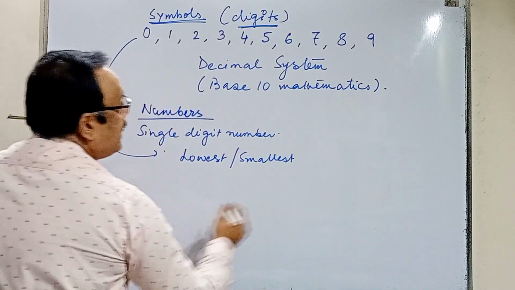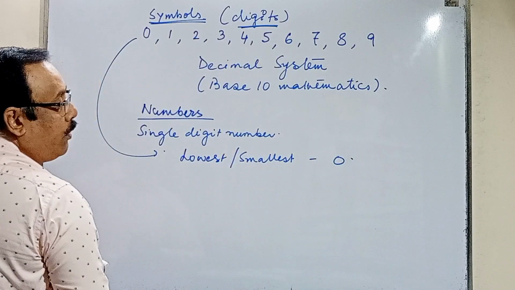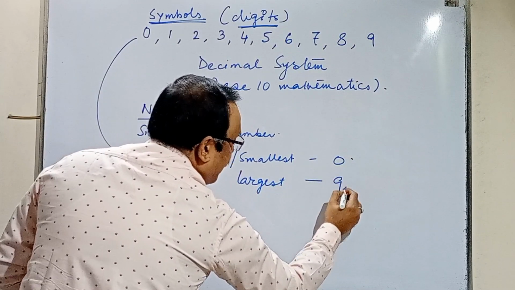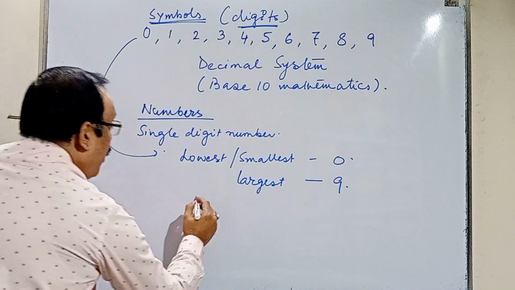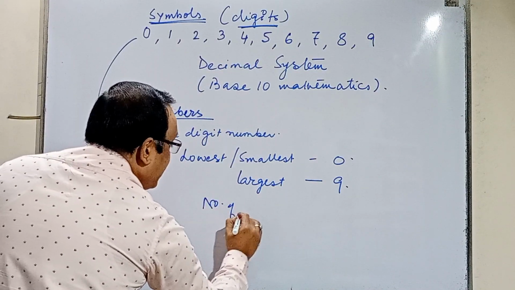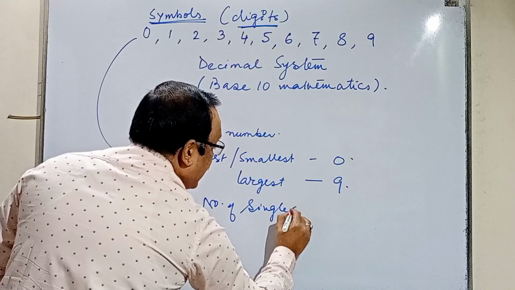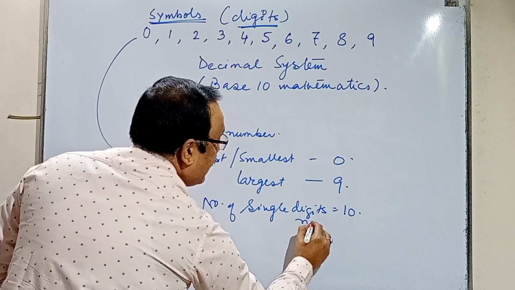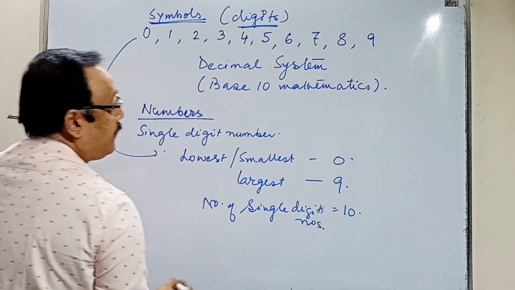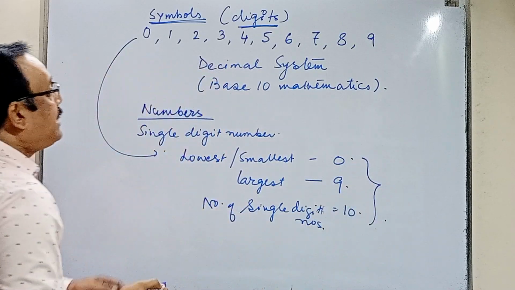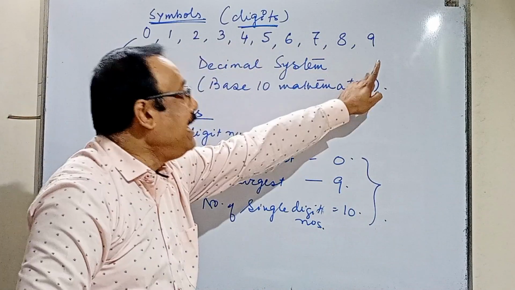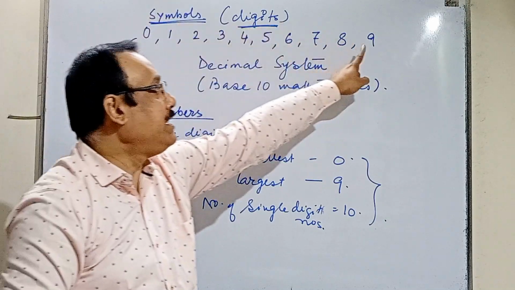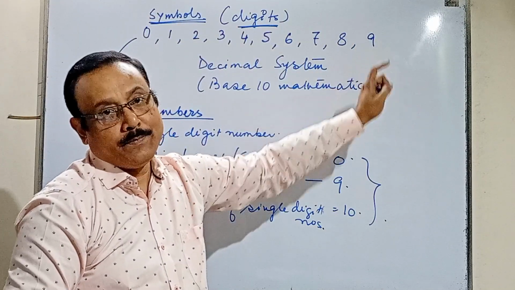Smallest single digit number will be 0. Which will be the largest single digit number? Largest single digit number is 9. And how many single digit numbers are there? Total number of single digit numbers is 10. So there are 10 single digit numbers, the smallest is 0 and the largest is 9.